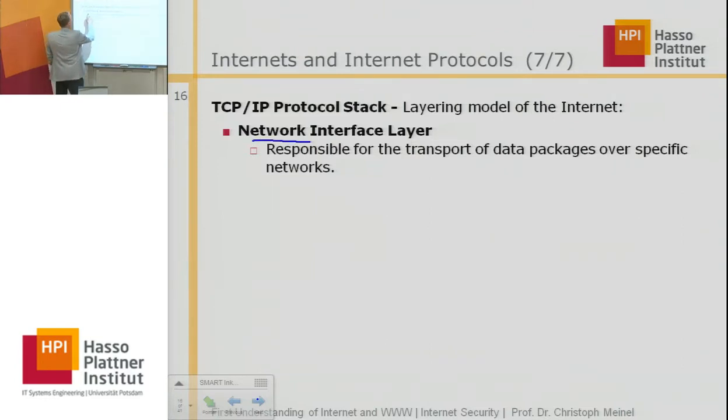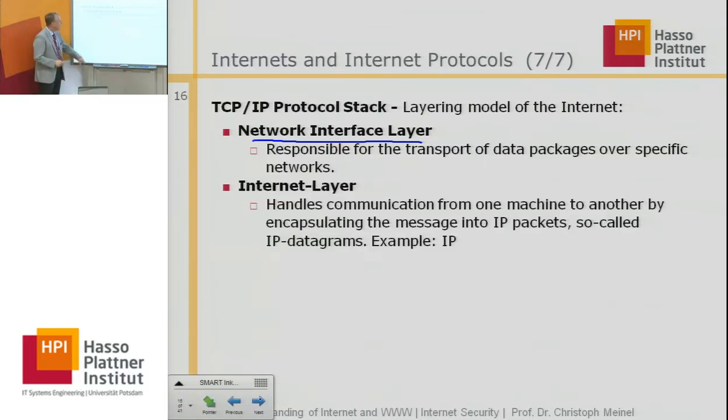From the bottom, there is a network interface layer. This network interface layer is responsible for the data transport of packages over specific networks. Then on top of the network interface layer, there is the internet layer. The internet layer handles the communication from one machine to another machine by encapsulating these IP packages into IP datagrams, giving them IP addresses, and routing these packages through the interconnection of networks.